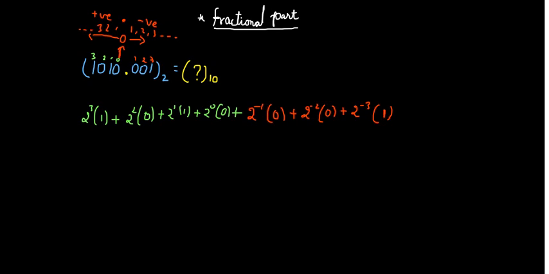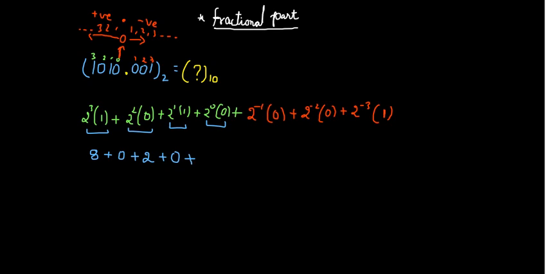So let's solve it for the final answer. 2 to the power 3 is 8, plus this is going to be 0, so let's write 0. 2 to the power 1 is 2, so let's write 2. And this one will again be 0 because we are multiplying it with 0.